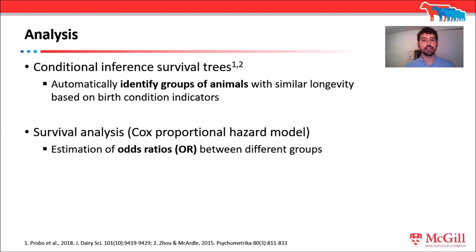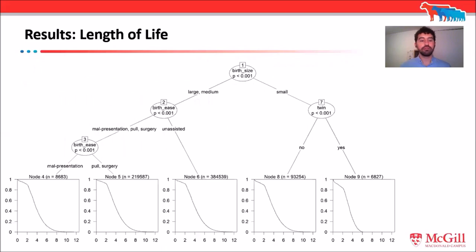The idea behind that technique is that you would automatically identify groups of animals that have similar longevity. And once we had those groups identified, we used survival analysis to estimate the odds ratio of being culled between those different groups.